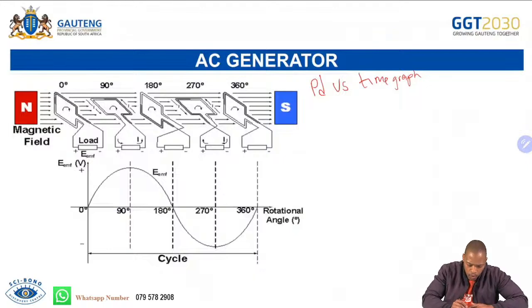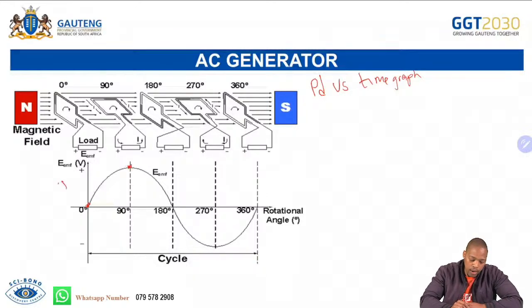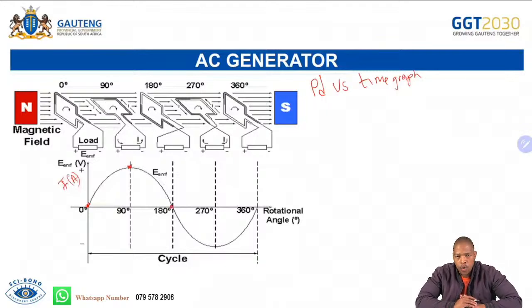So this is how, when it is at 0, it produces 0 EMF. And when it rotates through an angle of 90 degrees, it's going to produce the maximum potential difference, or the maximum current. And then when it keeps on rotating through an angle of 180, it will go back to inducing no EMF at all, because it will not be cutting the magnetic field.